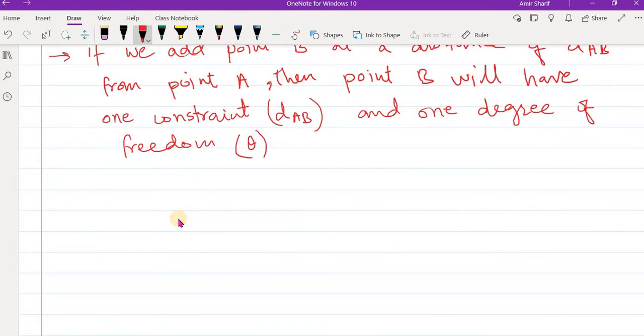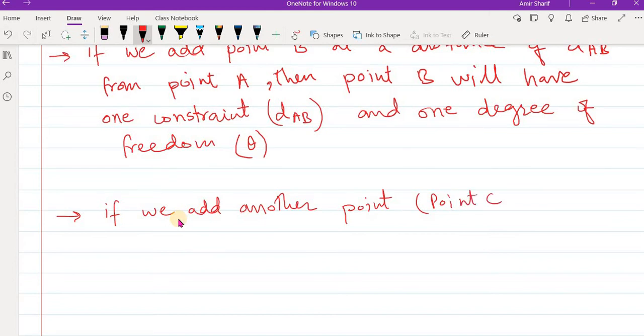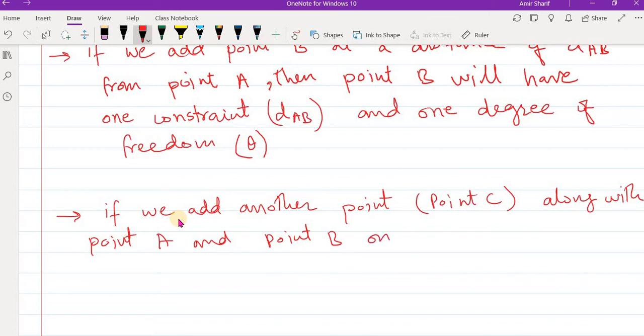So if we add another point, which is point C, along with point A and point B on the coin, what will happen?